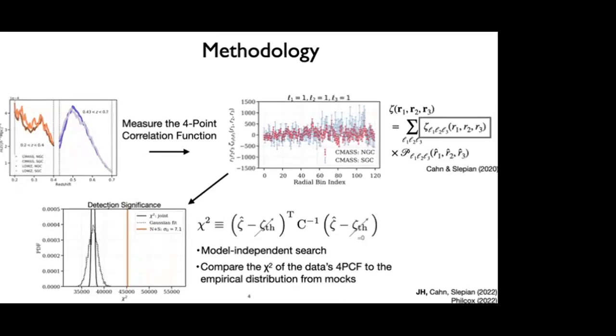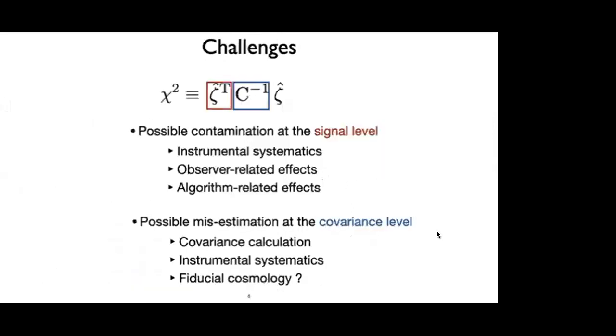The separation between the orange vertical line and this black curve indicates the detection significance. Last year, two papers performed the analysis on the BOSS sample. Both papers followed very similar methodologies, with some differences in the choice of radial binning and the choice of sample, and effectively it becomes a question of the galaxy weights.